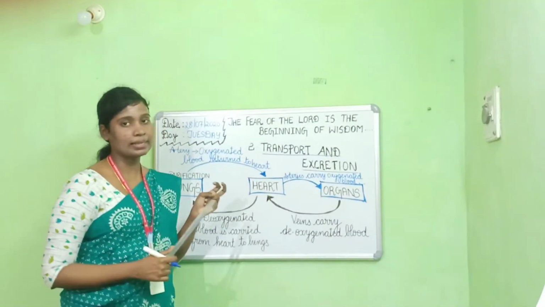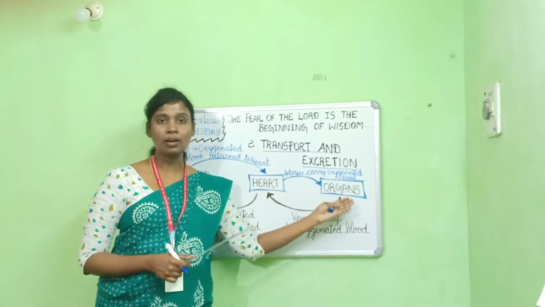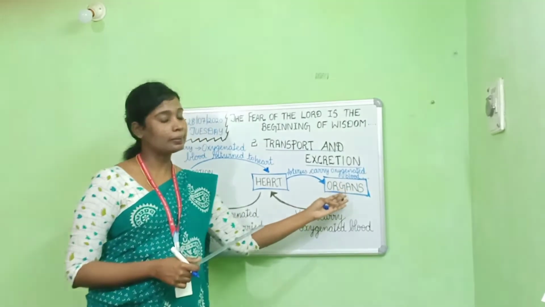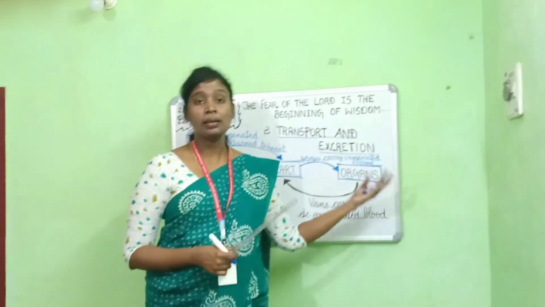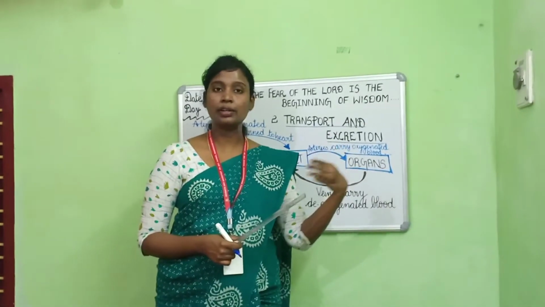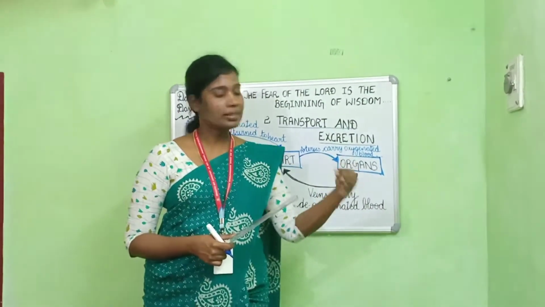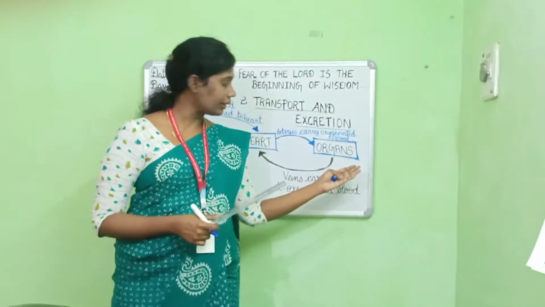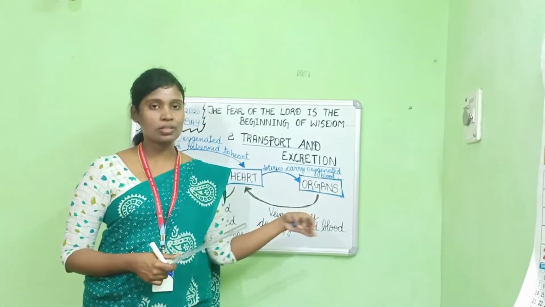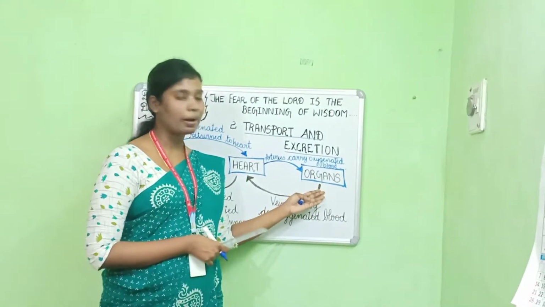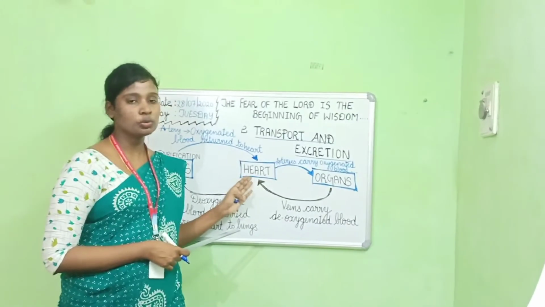So first thing is, we'll start from our organs. In our organs and in different cells of our body, waste products are continuously produced. These waste products, the carbon dioxide and other waste, are carried from different parts of the body and taken to the heart.